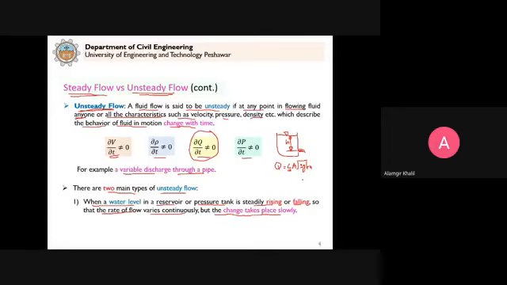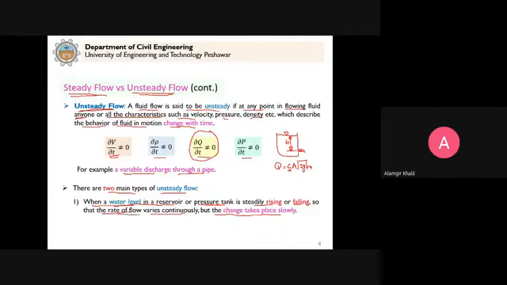Now I'm not going into detail. You studied small orifice, large orifice, types of orifice, square orifice, and so on. We are not going into detail, but just to understand that in this case, this is the formula. So what is happening? Now the water level in a reservoir or pressure tank is steadily rising or falling. This water can rise, this water can fall.